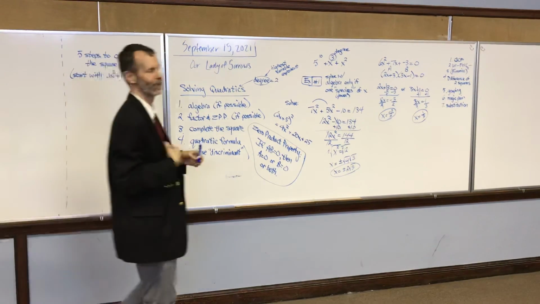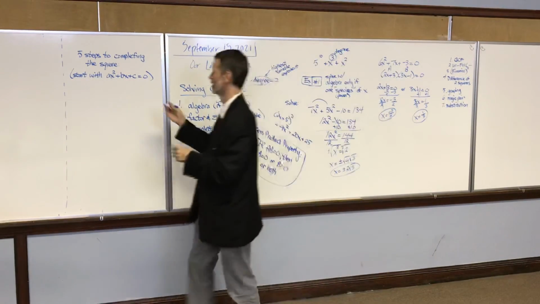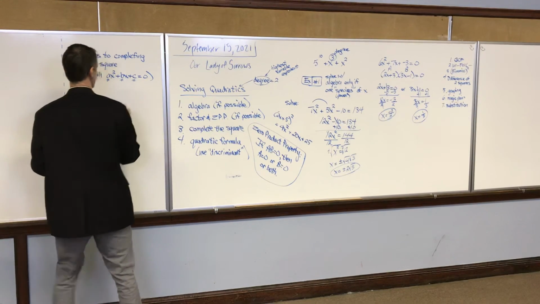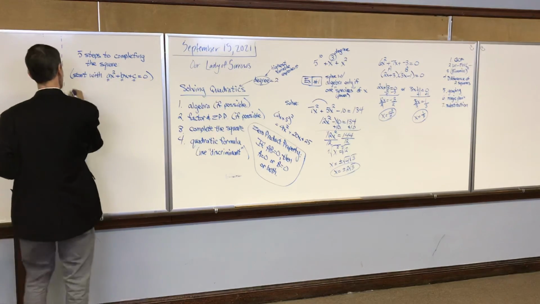That's called standard form of a quadratic. So a, b, and c are numbers. So a is a number, b is a number, c is a number. So like 3x squared plus 4x plus 5 equals 0. Okay. Step 1.